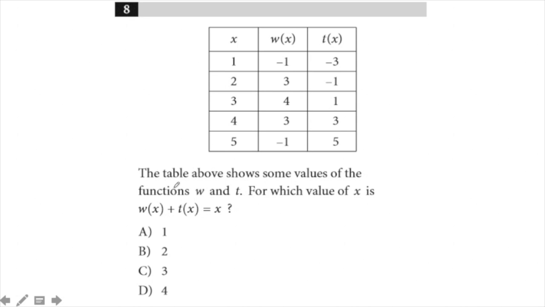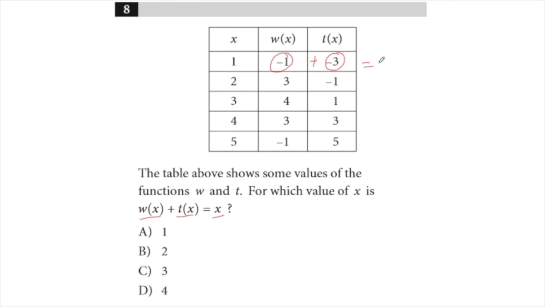Question 8. The table above shows some values of the functions w and t. Which of the following values of x makes w of x plus t of x equal to x? I will add the values of w of x and t of x together, and they have to be equal to the x value column. In the first row you have -1 and -3.